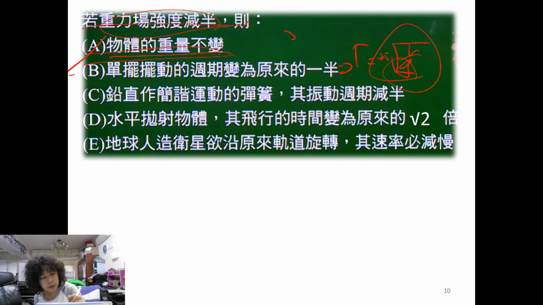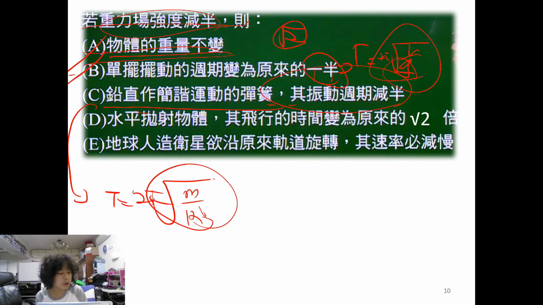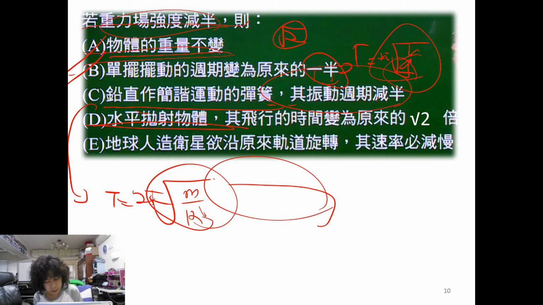So it should be square root of 2 times instead of half, so it's wrong. And this option C, T equals 2π square root of m divided by k, has nothing to do with g, which is also wrong. If you throw it horizontally like that, maybe the time. So this is a very simple question.